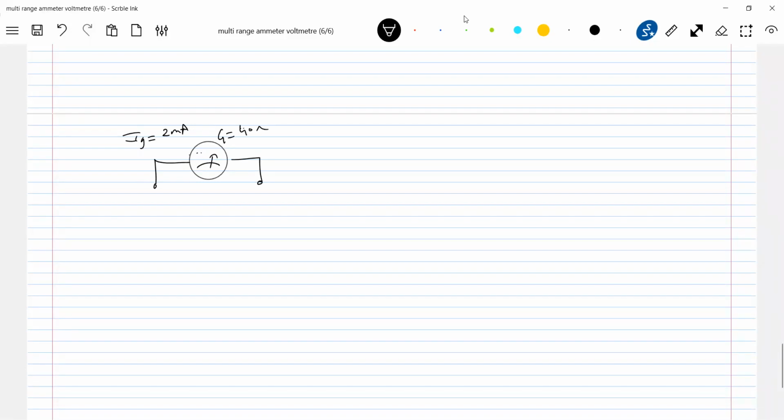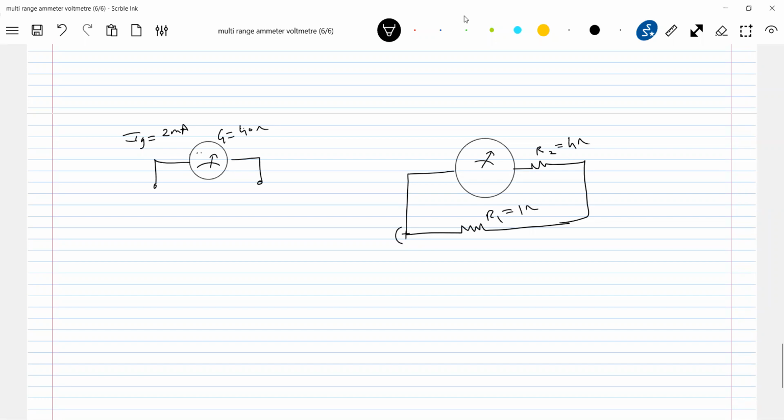We have made ourselves a rule that to construct an ammeter we need a shunt. But practically a situation arises where we may connect one resistance in parallel and another resistance in series. It can happen. Let this be 4 ohm and this 1 ohm. So what will happen to the range?